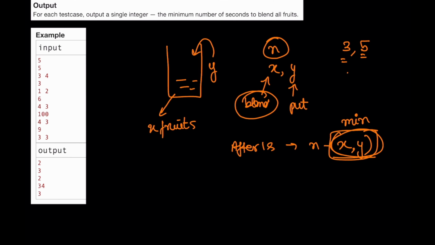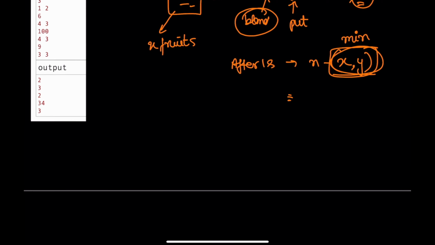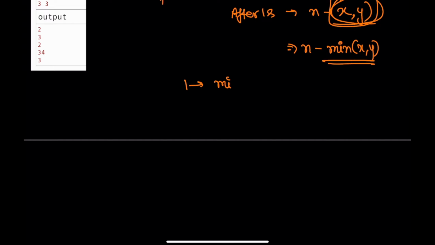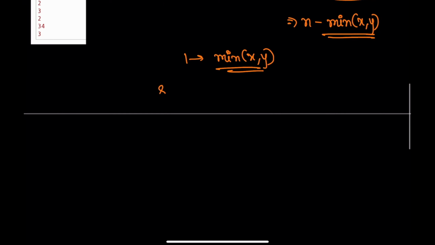And if the machine can blend 5 fruits in 1 second, but we can only put in 3 fruits per second, then the answer would again be 3. So after 1 second, we have n minus the minimum of x and y fruits. Therefore, in 1 second, we can blend min(x, y). So the seconds required would be n divided by min(x, y).